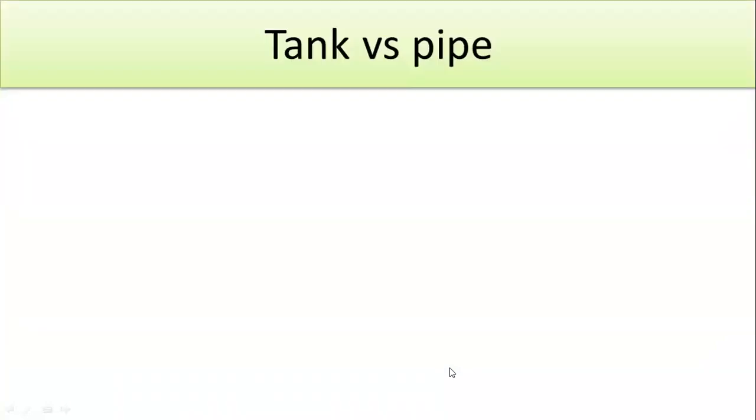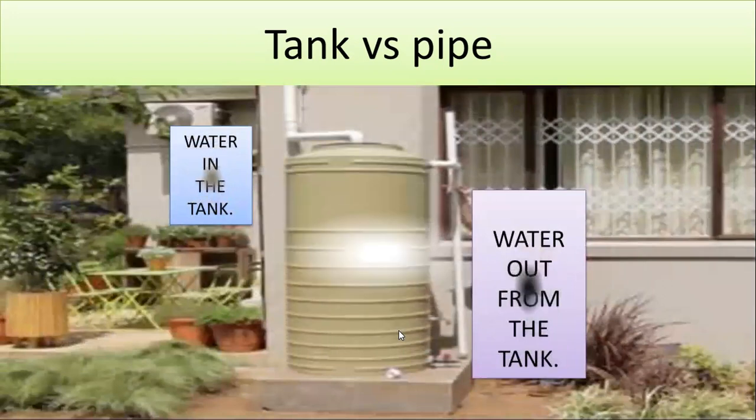Okay, today we are discussing tank versus pipe related math. What actually is tank versus pipe related math? We have to clear our basics about what these types of math say. Generally, in these types of problems they talk about two pipes.